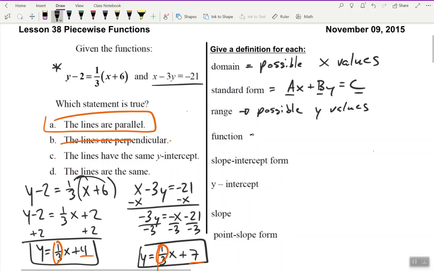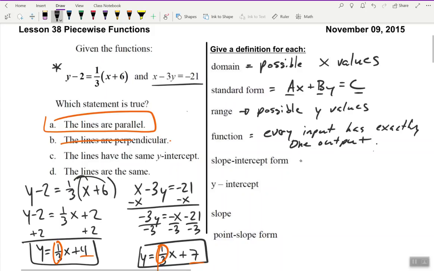A function is anything that relates two variables, and where every input has exactly one output.